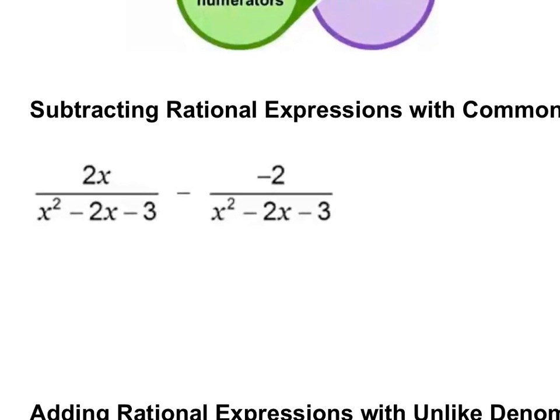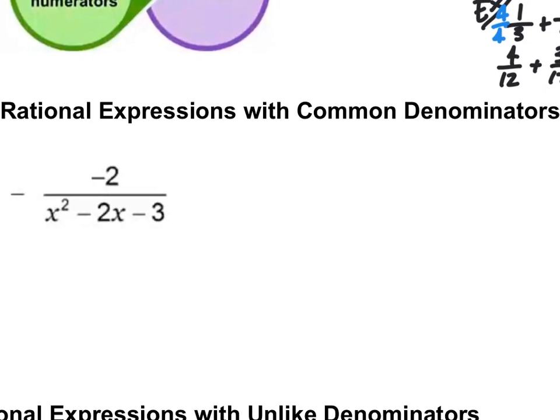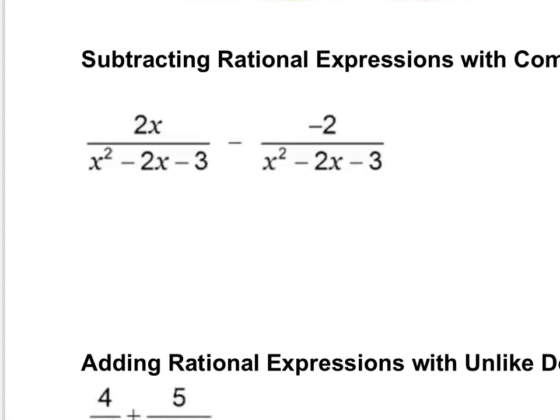Now, we're subtracting rational expressions with common denominators, okay? So what I look for is, my denominator here is x squared minus 2x minus 3. Same thing here, my denominator is x squared minus 2x minus 3.